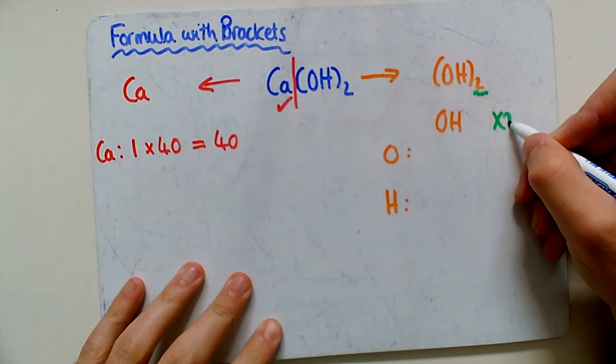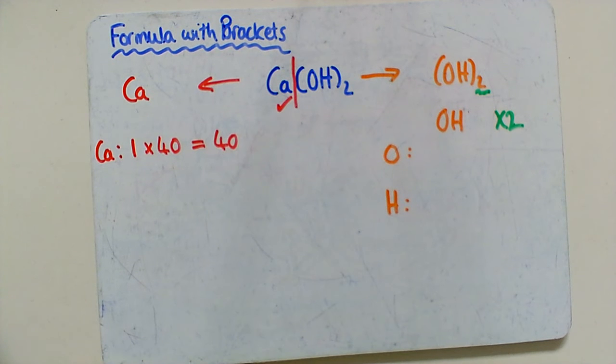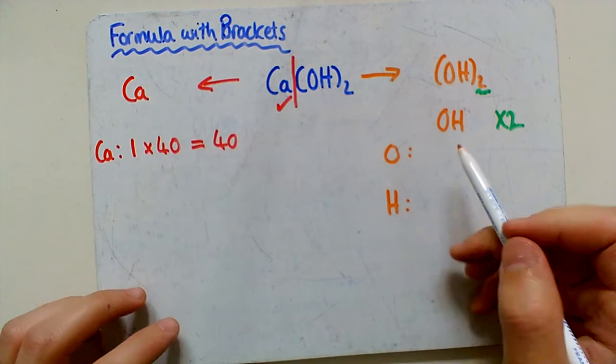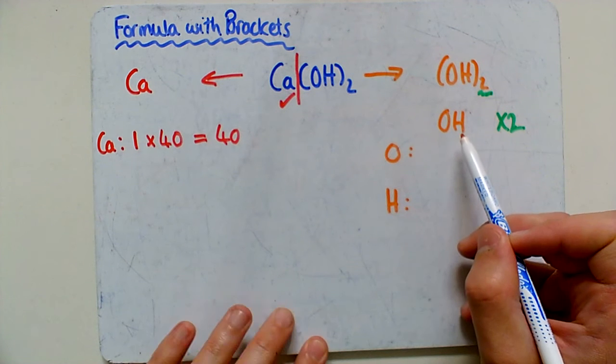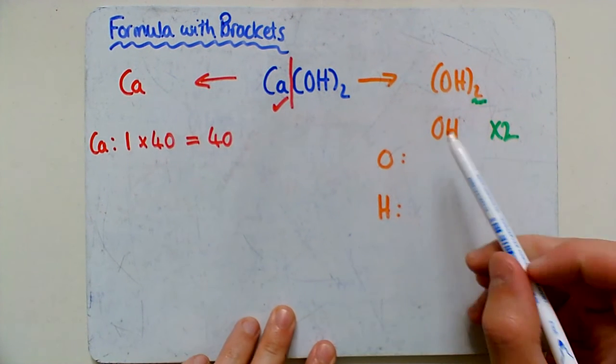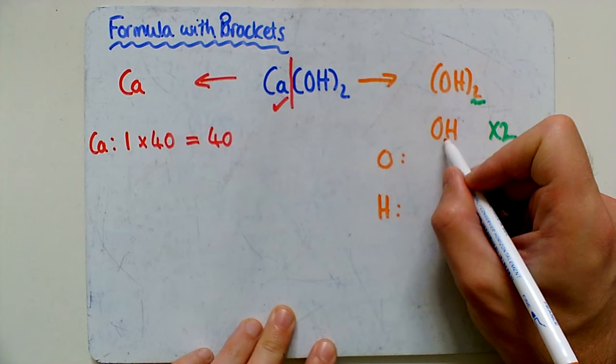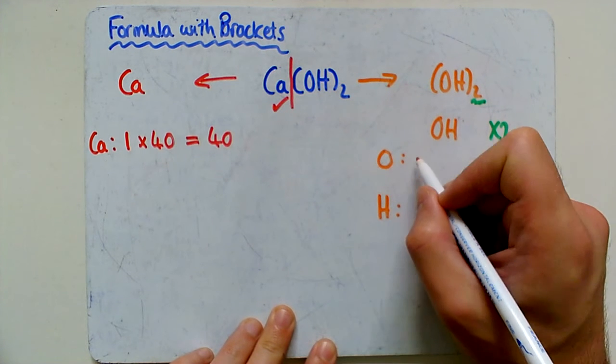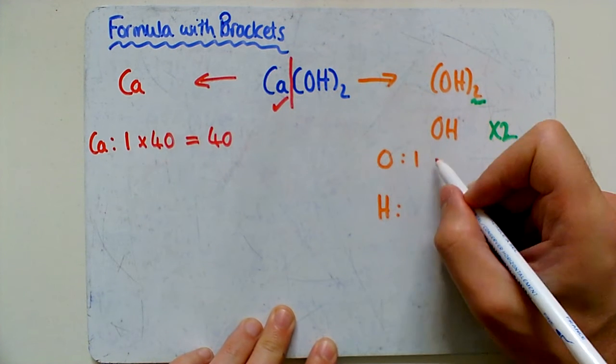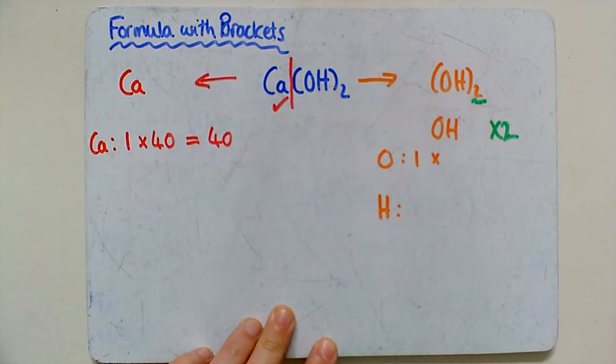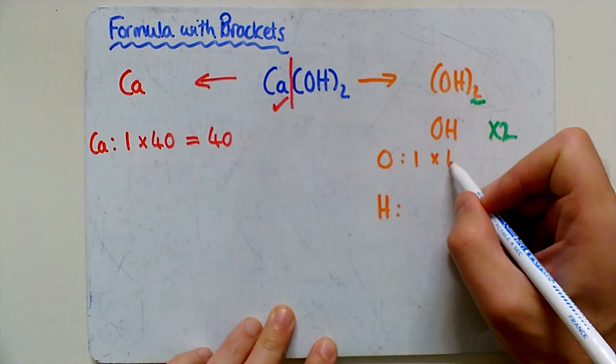That's times 2. Now we've got our hydroxide, we have got oxygen, and we've got no number after it, so it's 1. When we look up oxygen, we find out that its mass is 16.